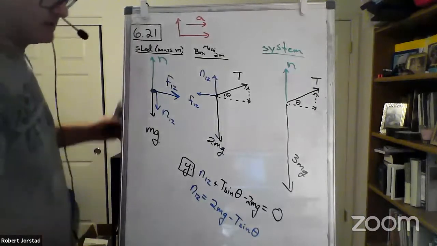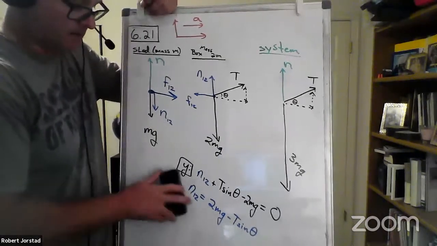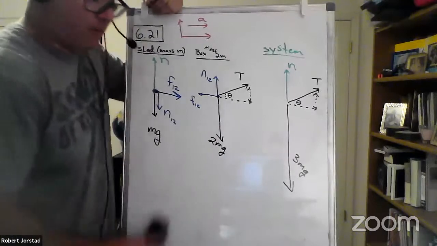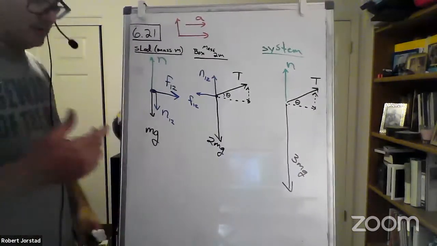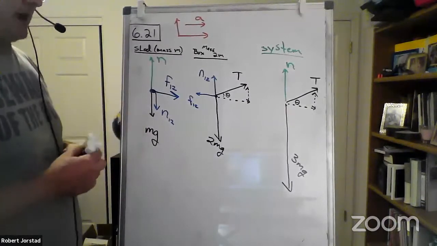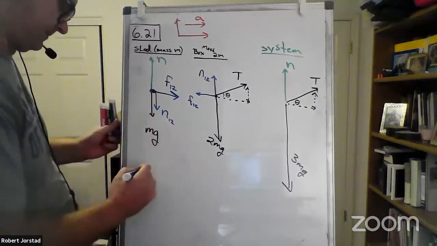All right. So in this case, we could write down force equations. I know you can do that, or you can read the book. Now, in this case, what I want to know is we've got a friction.